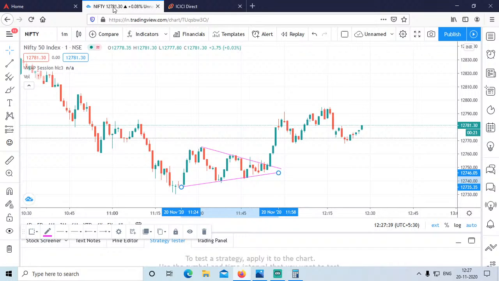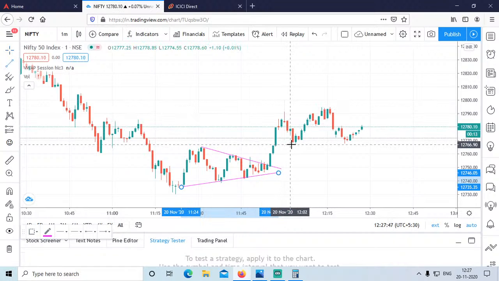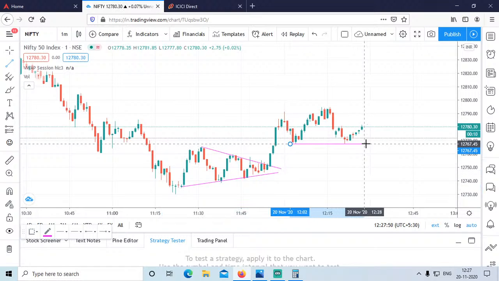Now the time is 12:27. Market is giving a support at this level, it seems. See, at this level it's giving a good support.